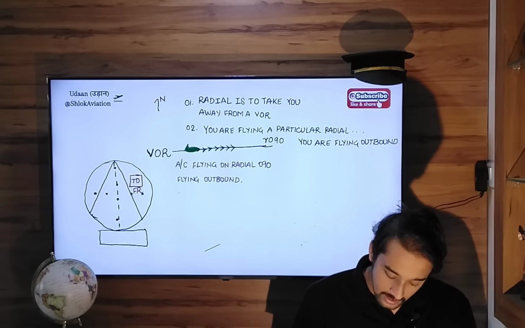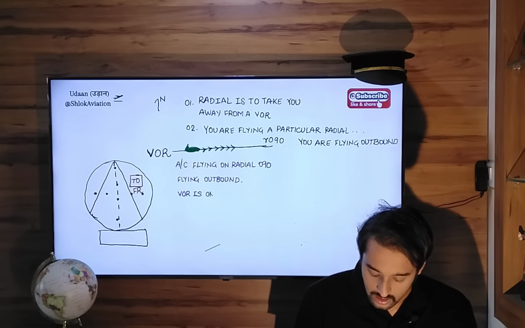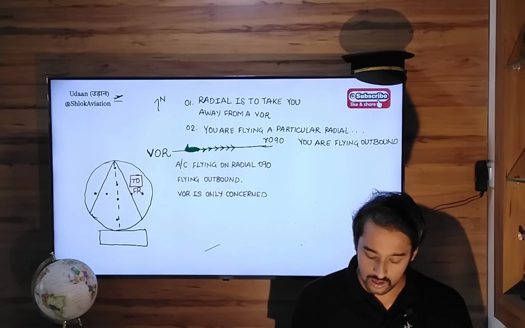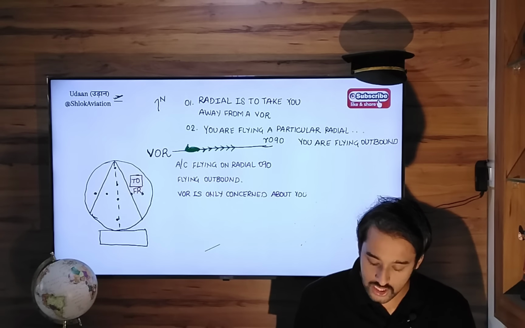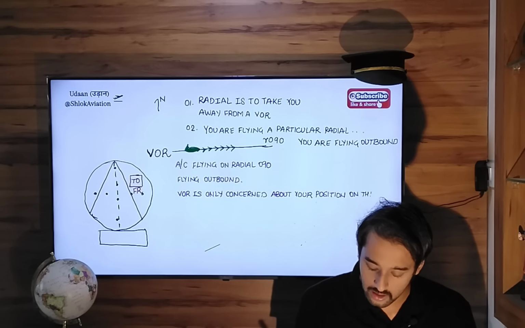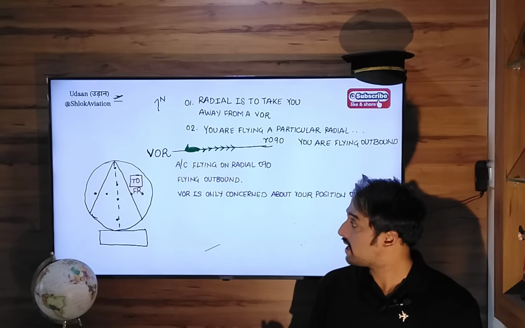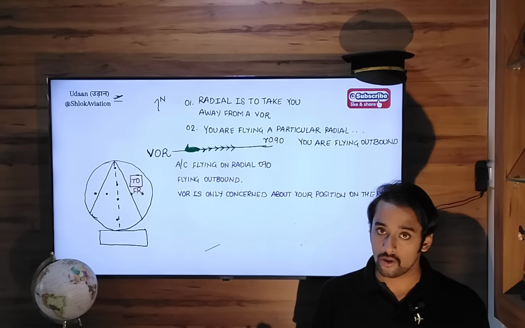VOR is only concerned about your position on the radial. Now over here aircraft is flying on radial 090 and it is flying outbound.